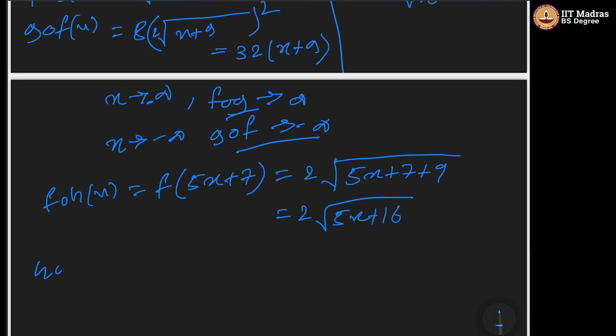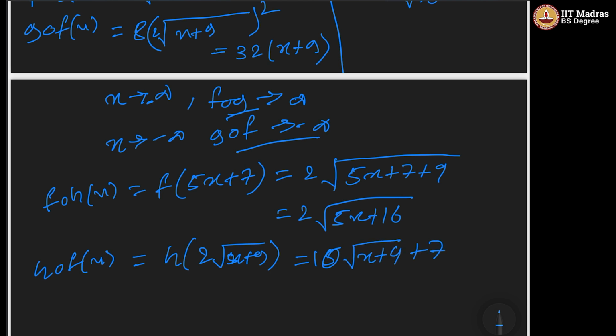And what is h compose f of x? This is basically h of 2 into root over x plus 9, which equals 5 into 2 into root over x plus 9 plus 7. Okay, so we can write it as 2 into root over 25x plus 25 into 9 plus 7, right?